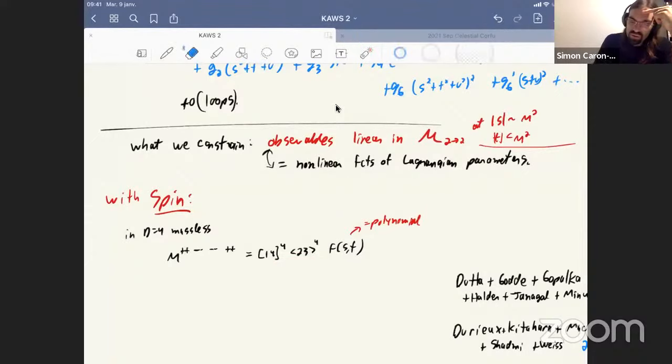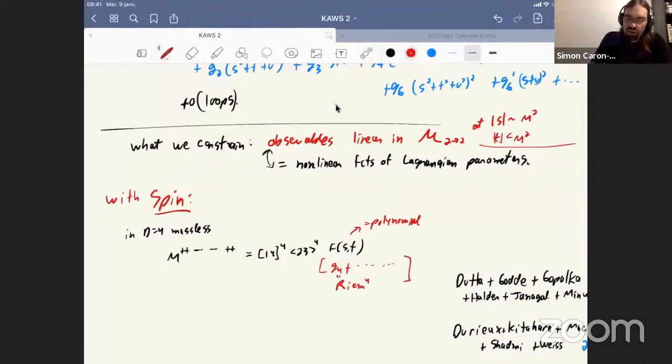So if you have a constant polynomial here, that's actually this term here. We could write it as G4 plus dot dot dot. This G4 corresponds to a term that's Riemann to the fourth power in your Lagrangian. The constant term is the coefficient of Riemann to the 4, because you have all these derivatives sitting in front, hidden in the spinor product.